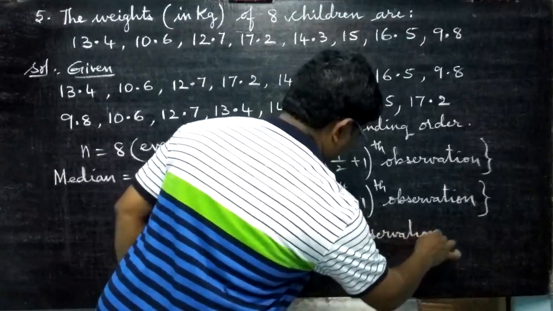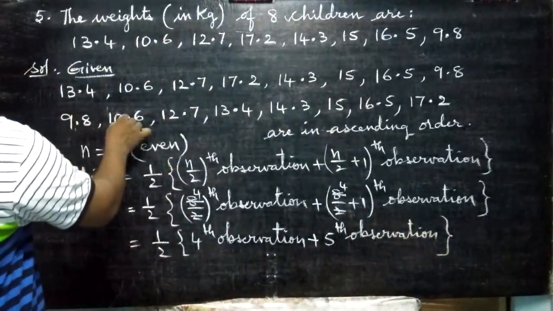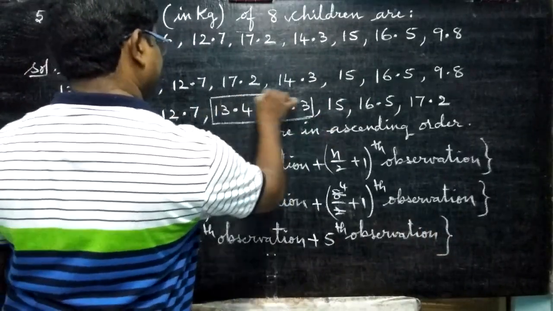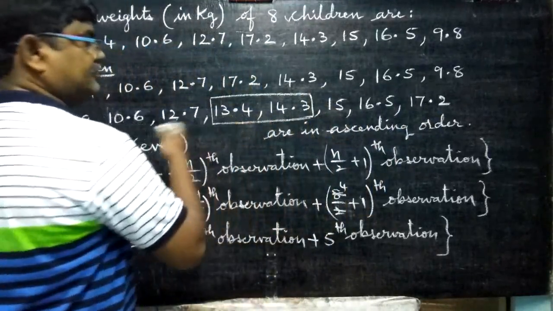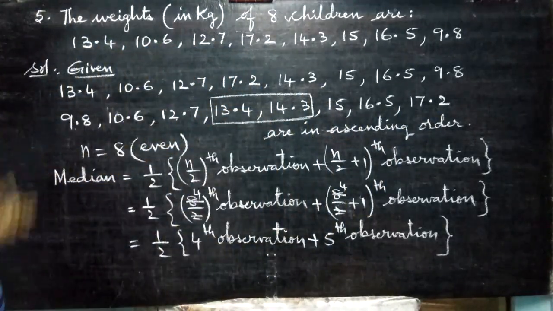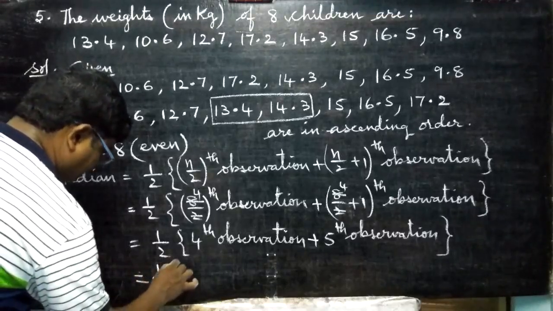What are these two observations? We have to check: 1, 2, 3, 4. Fourth and fifth, from any side, from first to last or last to first, because the order is same.